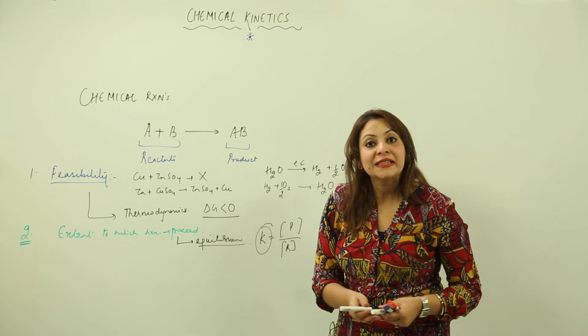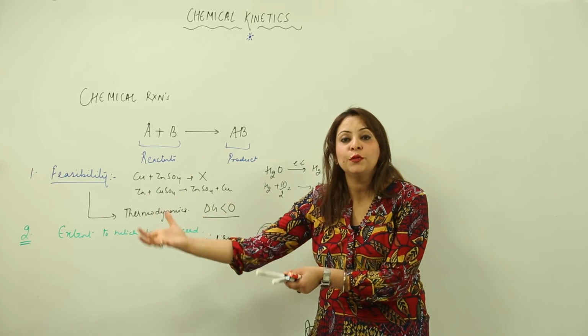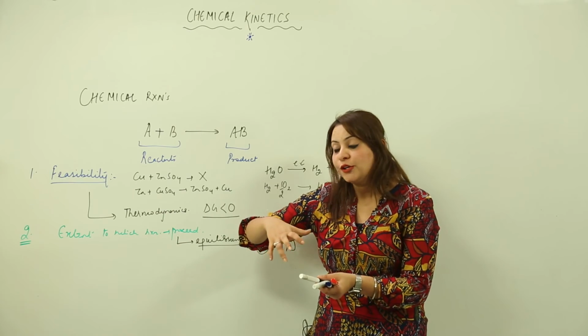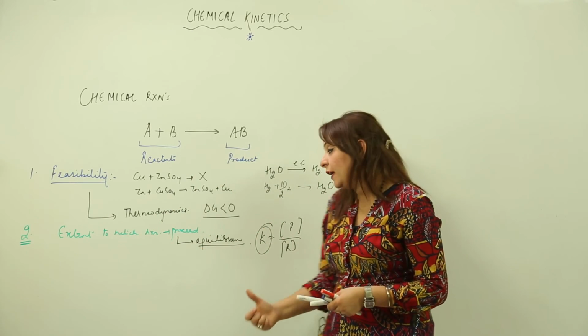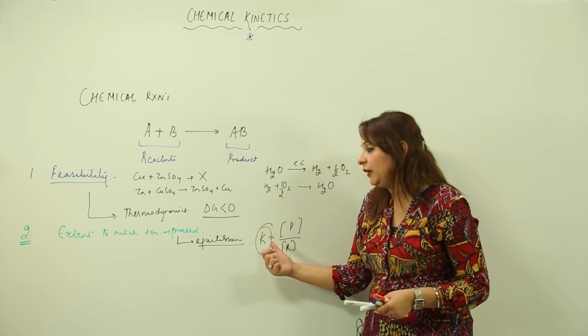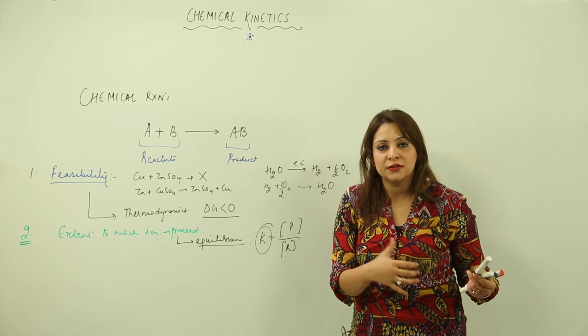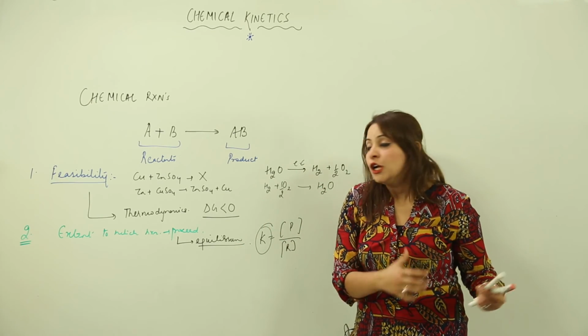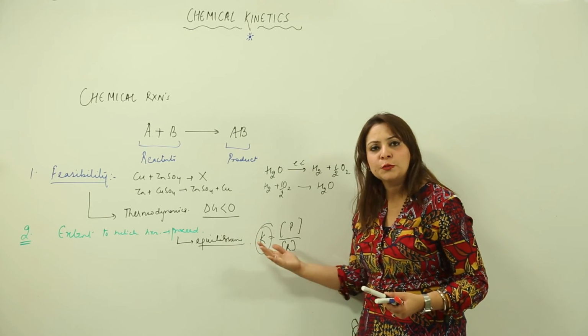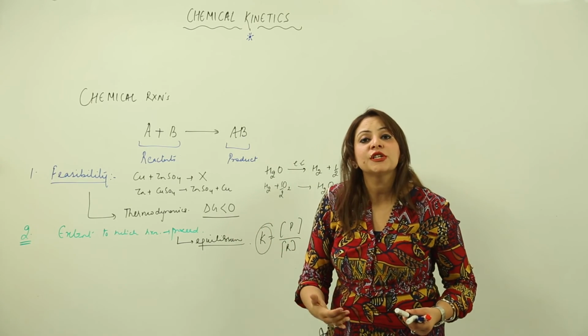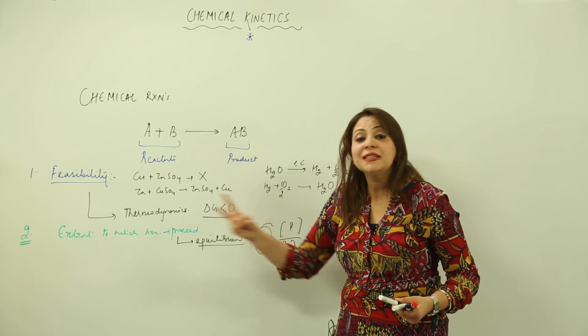A higher value of K indicates that more product is favored, that means the reaction is going to proceed in the forward direction. And when the value of K is less, the reverse reaction is favored. So from the equilibrium constant expression, we get to know about the extent to which the reaction is going to take place. So this is our second concern.